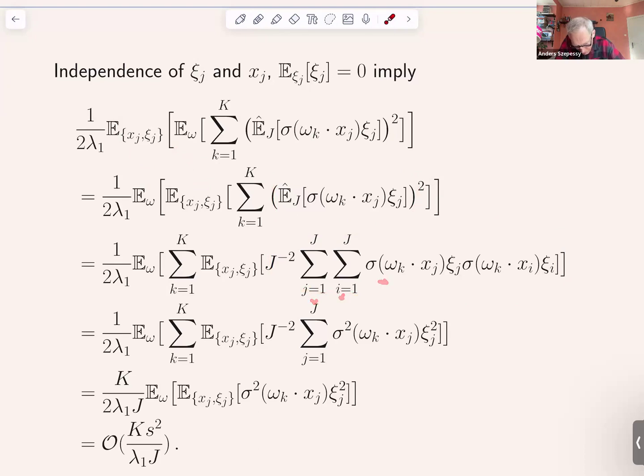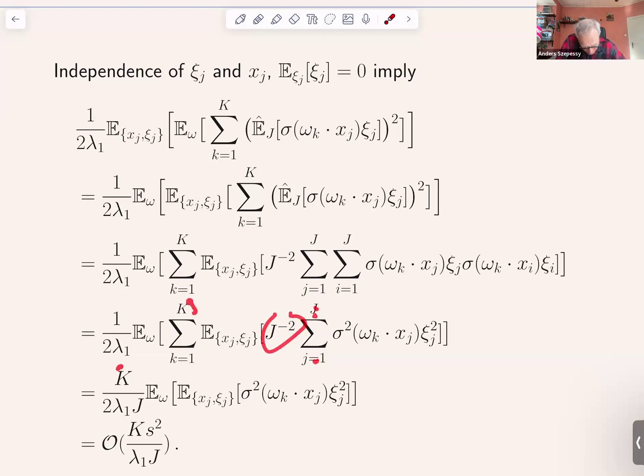Here is j, and here is I. J and I. Okay, and when we take the expected value with respect to the noise here, when I and j are different, then we get 0 because of the independence here, and 0 mean, so that only one of the sums survives. And then we have one sum from j equal to 1 to j and 1 over j squared.